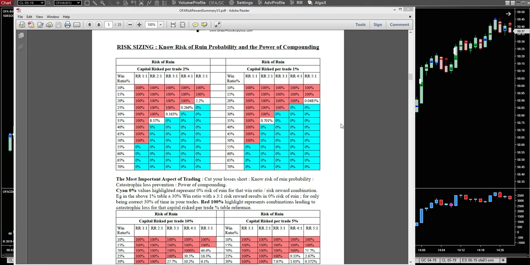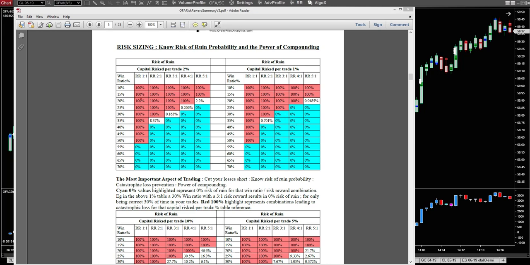For example, if we look in the tables at the top of the 2% and 1%, if you were to risk 2% of your account and your goal was to average 3 to 1 on your trades, and all your winners were 35% of all your trades, you would have 0% chance of risk of ruin. As a comparison, going to the 1% table, again, if you average 3 to 1 on your trades, and this time your win rate is only 30% of your trades, you have 0%.